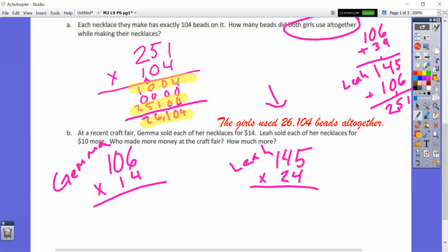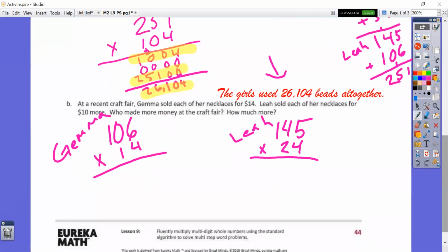Well, automatically, I think we already know who's made more money. What the question is, how much more money? Because Leah sold them for $10 more each, and she also made more necklaces altogether.